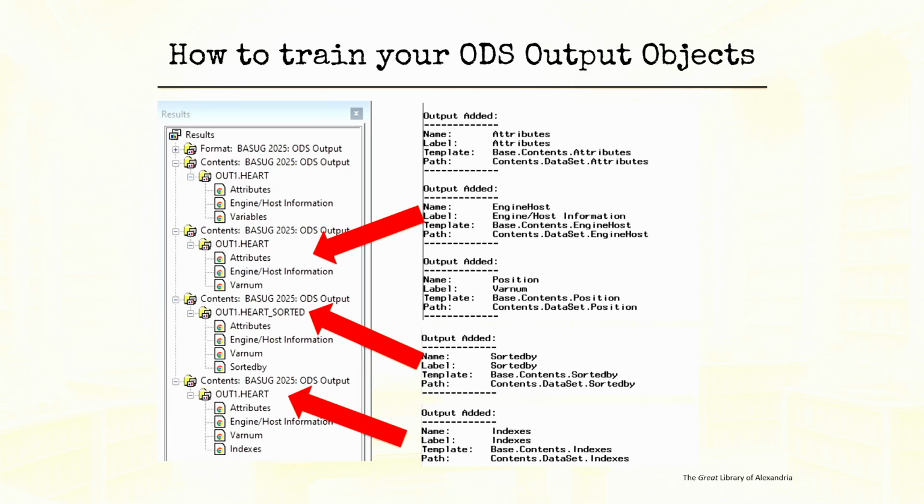You'll get the name of the file, you'll get the label of the file, and then you'll get the template that it uses to produce the printed output, which you can access using that name there, the base.contents.indexes. And then you will have a path. And you can use the path and the template and the name. You want the name.